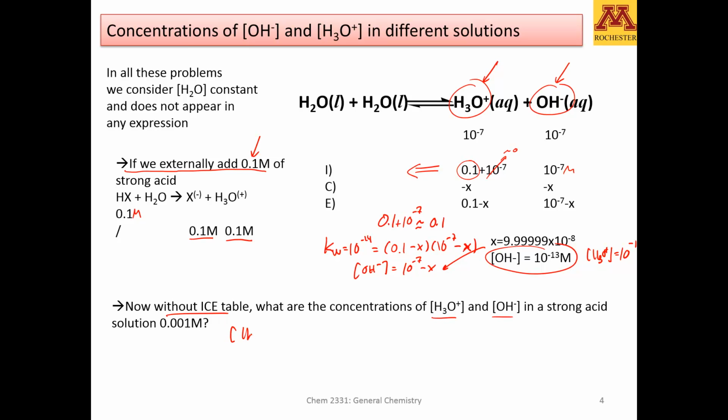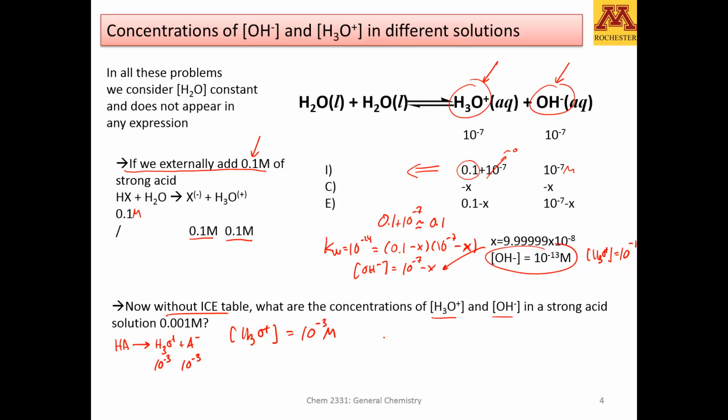Because it's a strong acid, HA is completely dissociated, so from here, this is 10 to the negative 3, and this is 10 to the negative 3. You would say, well, actually there was already 10 to the negative 7. It's true, but I'm going to assume that it's so small, so this is just going to be 10 to the negative 3 molar.